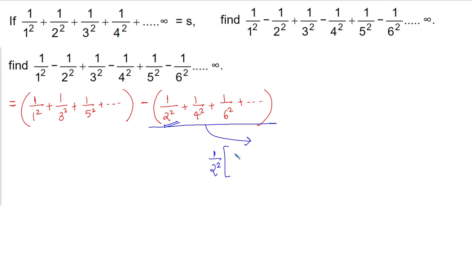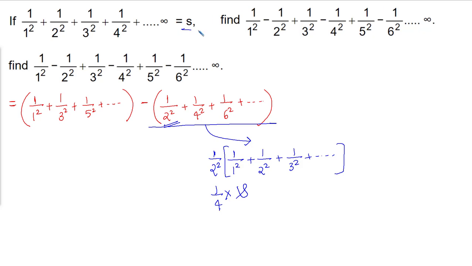So if I take 1 by 2 square outside, 1 divided by 1 square is remaining. 4 square is nothing but 2 square into 2 square, so if I take 1 by 2 square common, 1 divided by 2 square is remaining here. 1 divided by 6 square is nothing but 2 square into 3 square. If I take 1 divided by 2 square outside, 1 divided by 3 square is remaining, and so on. So can I say this is nothing but 1 by 4 into s? Can I say this bracket is nothing but s?